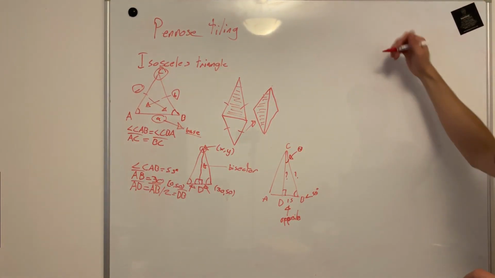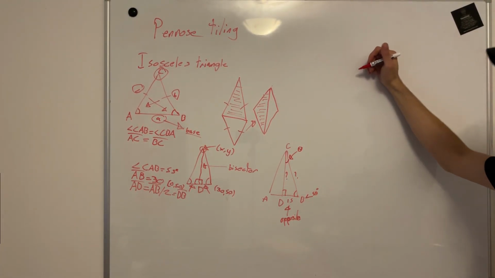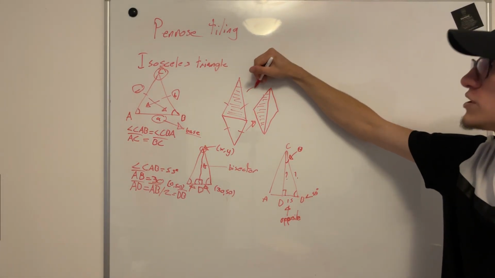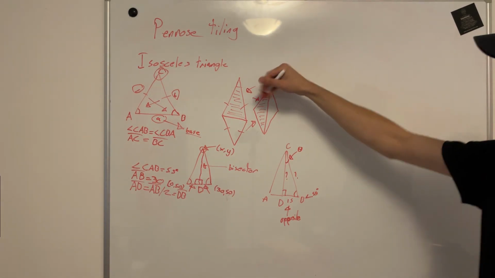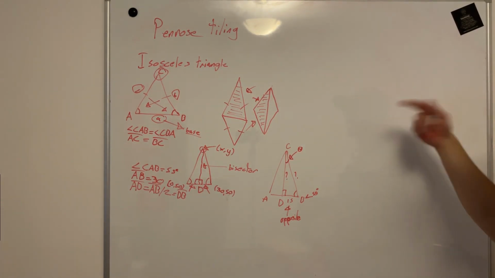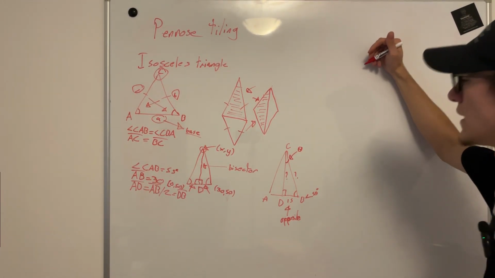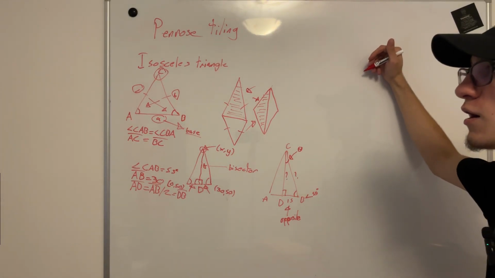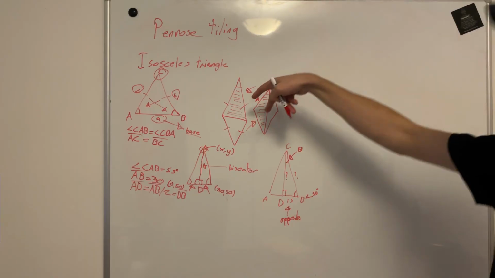The way I did it, which was taken from somebody else, is starting with whichever one of these two triangles, and then iterating over them. And what I mean by iterating is basically deconstructing them into other of those two triangles.